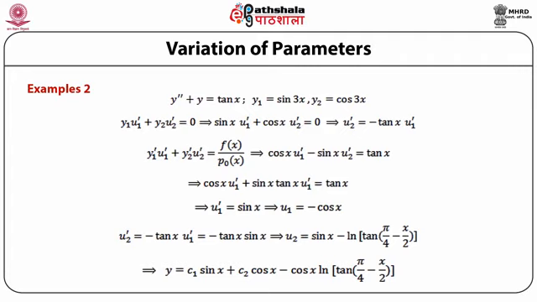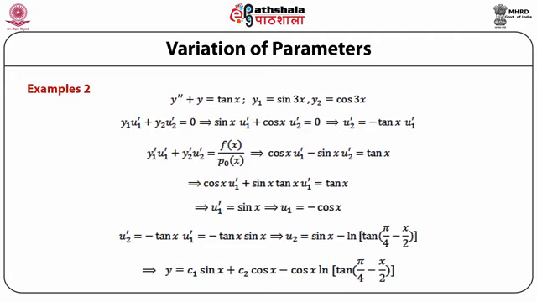Similarly, u2 prime is obtained as minus of tan x u1 prime. So u2 prime is minus tan x sin x, where u1 prime is substituted as sin x. So u2 will be equal to sin x minus natural logarithm of tan within the brackets pi by 4 minus x by 2.